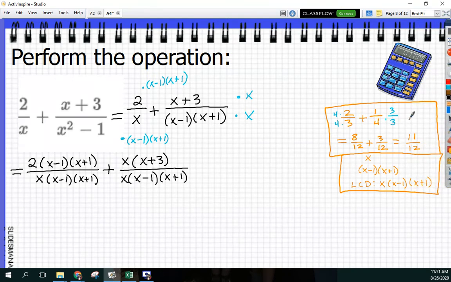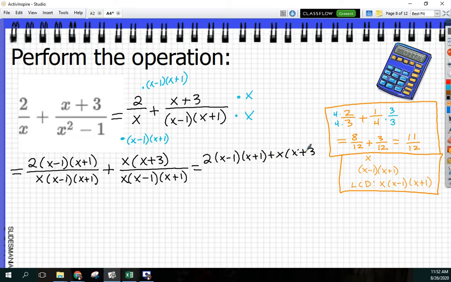So when I rewrite my new fraction, it's going to be 2 times x minus 1 times x plus 1 plus x times x plus 3. Now it's all divided by a single denominator of x times x minus 1 times x plus 1.